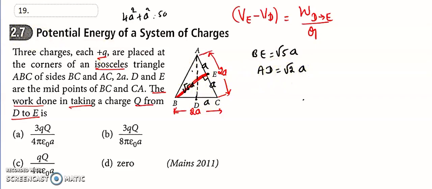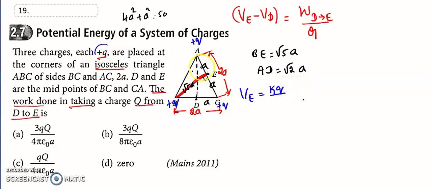So now we have to do the calculation. What is the potential at E? Potential at E is equal to potential due to A. The charges are all the same, plus q, plus q, plus q.